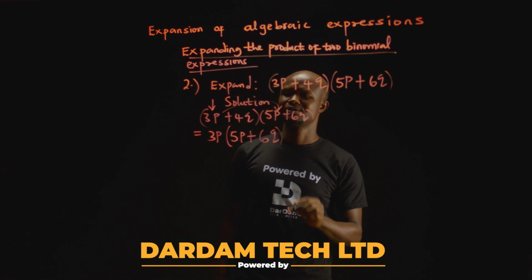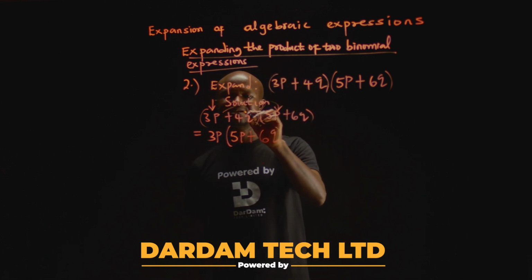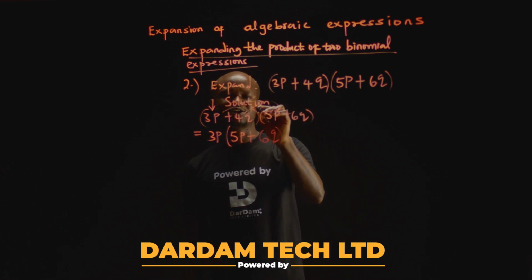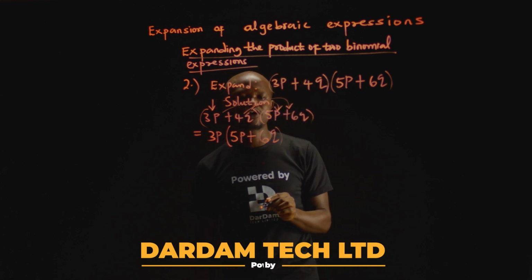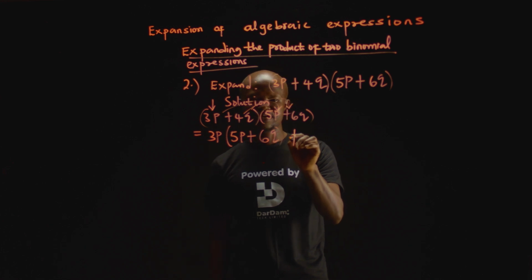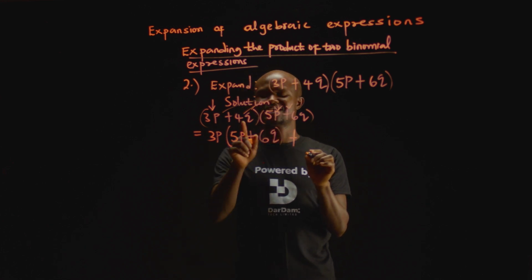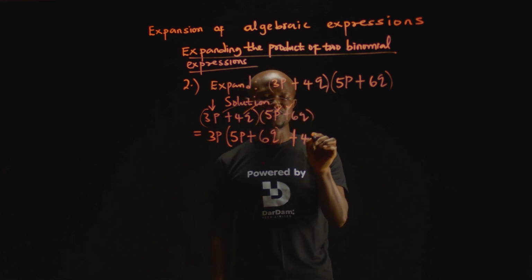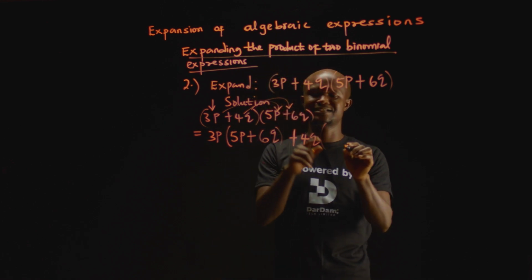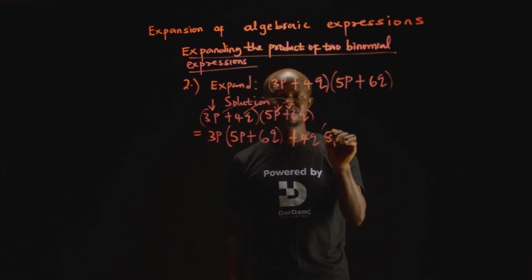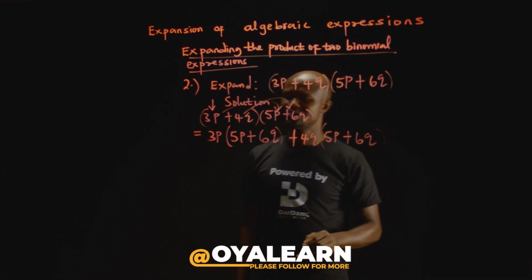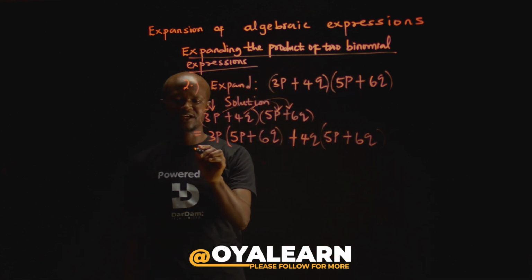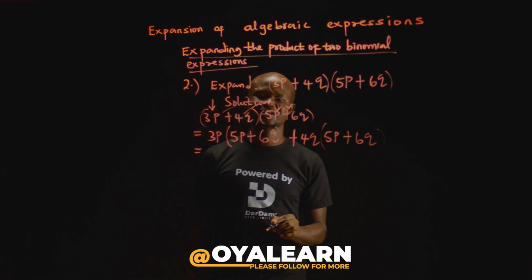Then we use the second term in the first binomial expression to multiply the whole of the second binomial expression. The second term here is +4Q into bracket, the second binomial expression 5P + 6Q. The next step is to expand the brackets.